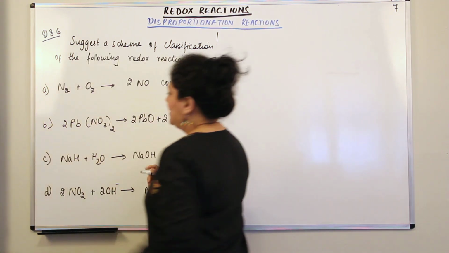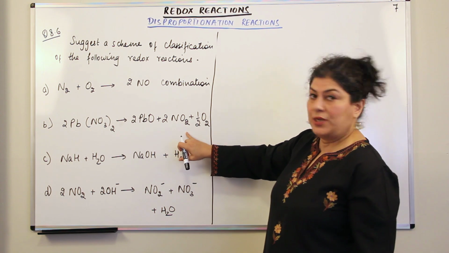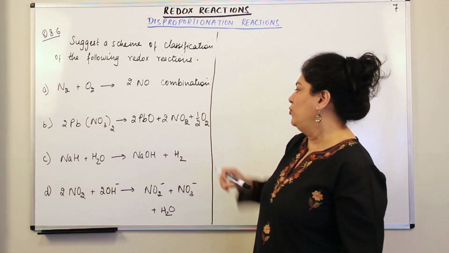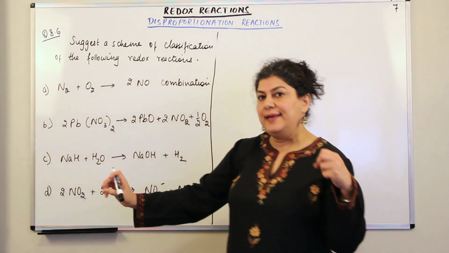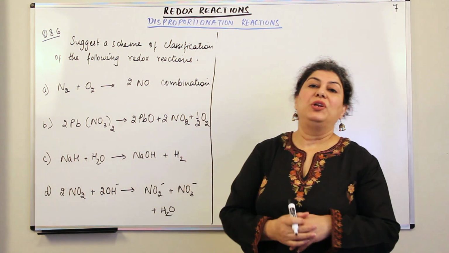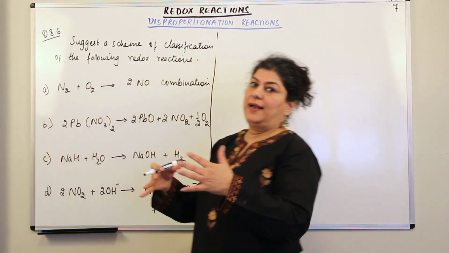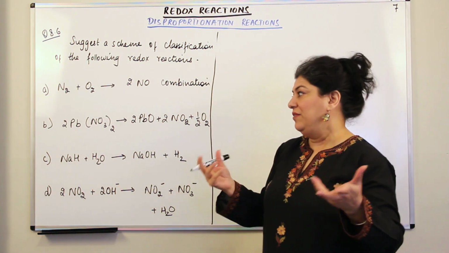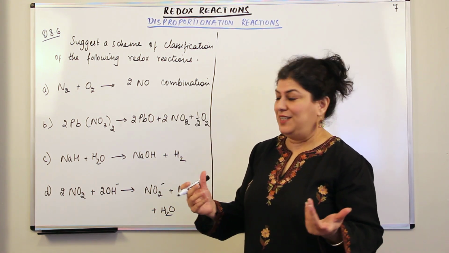Then in the second question you have lead nitrate. It gives you lead oxide and nitrogen dioxide, NO2, and half O2. Now you have one large molecule which is breaking down to give you smaller molecules. So on the reactant side you have only one reactant and the products are more than one. Whenever this happens, it is the opposite of combination, which is known as decomposition.